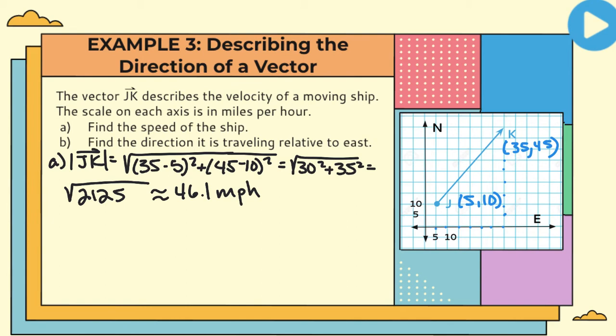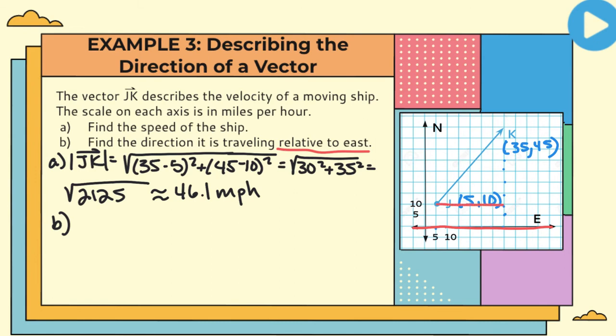When I am finding the direction that the ship is traveling, I need to find the angle and its position relative to east. And that's what the problem gives us here, relative to east. East is this line here, and it's also this horizontal relationship.